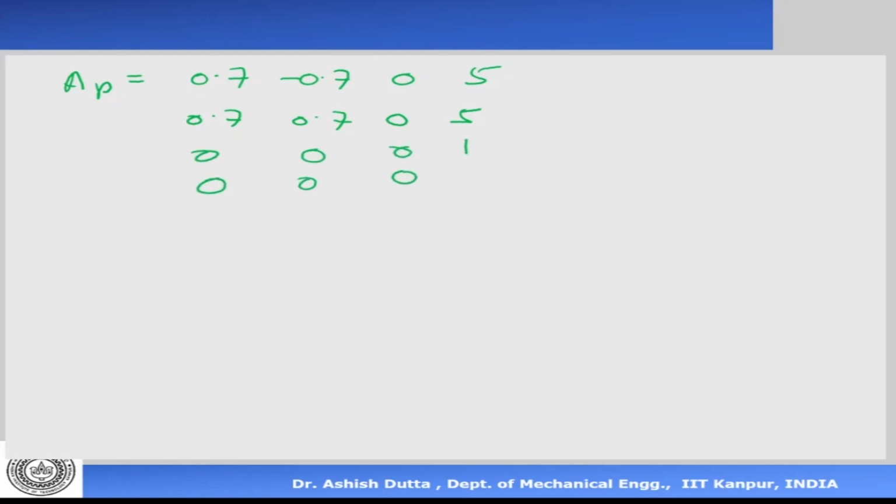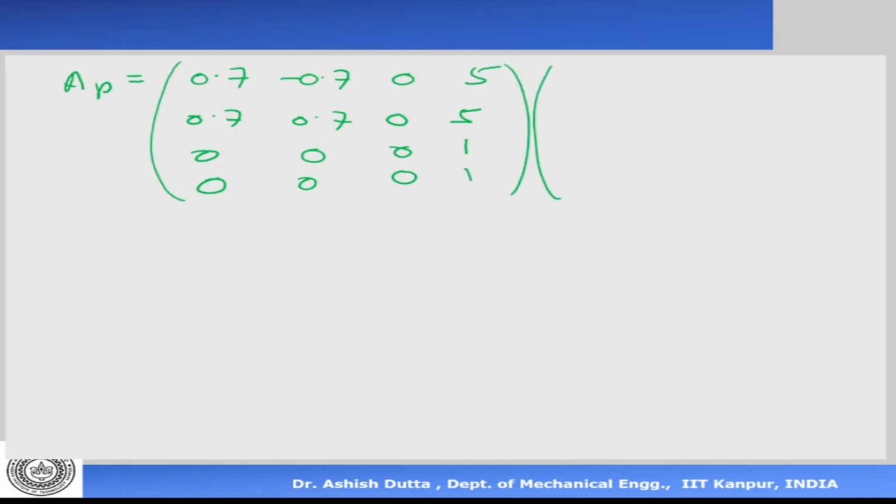So once you put in the values, what we get is AP is equal to cos 45 is 0.7, minus 0.7, 0, 0.7, 0.7, 0, 0 0 0 1, this is 0 0 0, and this is 1.